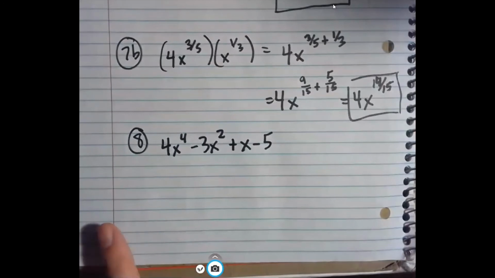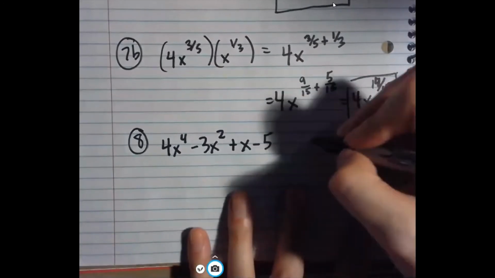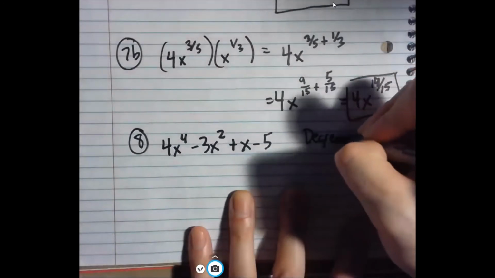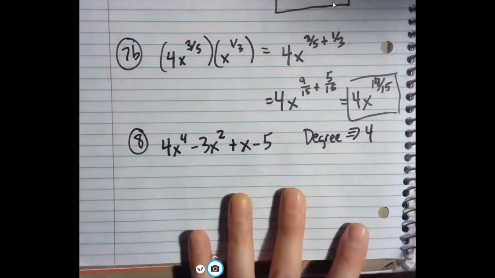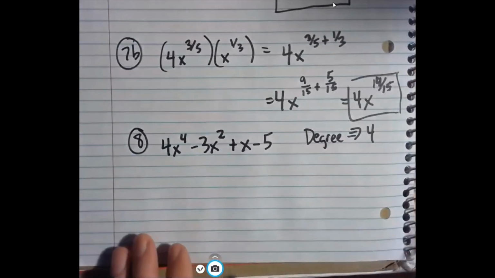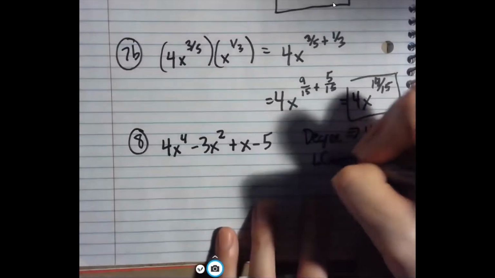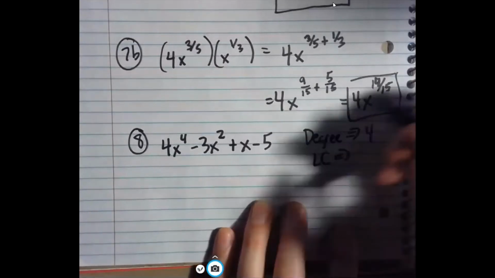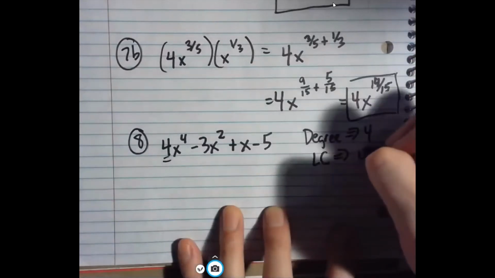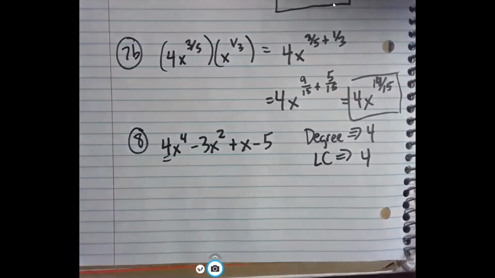It also says identify the degree. So our degree is 4. And it also says identify the leading coefficient. This is your leading coefficient. That's also a 4. Next problem, number 10.